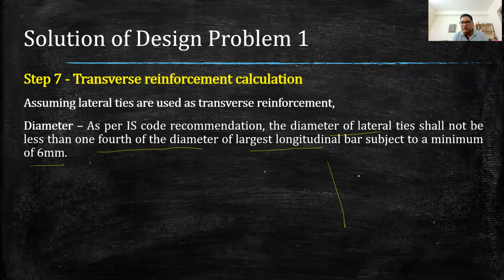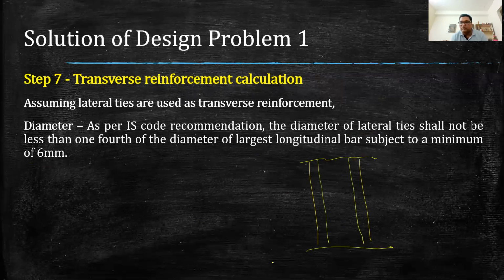So as you can see in our column, till now we have designed only the bars running along the length of column, and the dia of this bar is uniform, which is 20 mm. As per IS code recommendations, the dia of lateral ties shall not be less than 1/4 of the dia of largest bar.